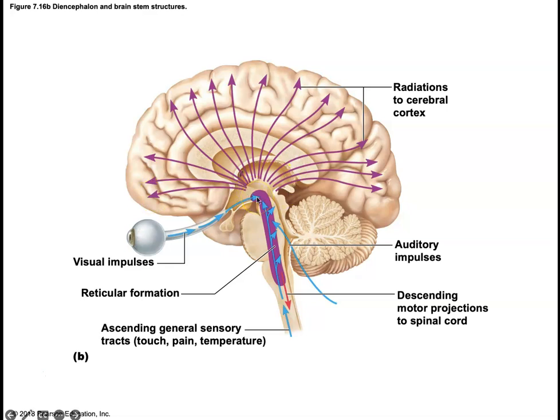So when you wake up, when you go to sleep, when you're under anesthesia, this is the area that's inhibited. This is what they're targeting so that you won't remember and you won't feel. And then obviously if it gets to the cortex, now it's coming to your consciousness. You're actually processing that information. So that is why when you're having surgery or something that's going to be very painful, they'd like to tamp down and turn that off.